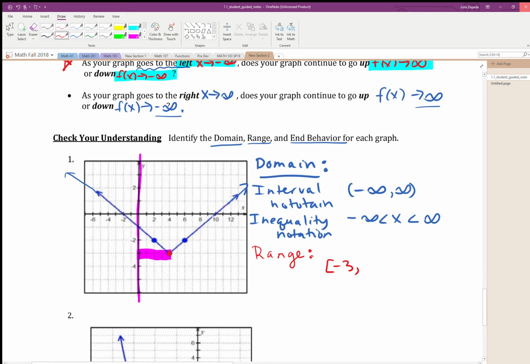Then we want to keep going to find the top of our graph, but since these arrows are slanted, pointing upward, there is no top of my graph. It's just going to keep going and going forever. So my range ends at positive infinity. Again, that's interval notation.